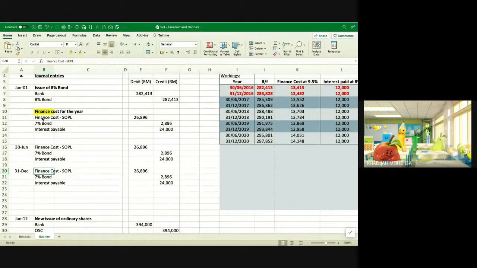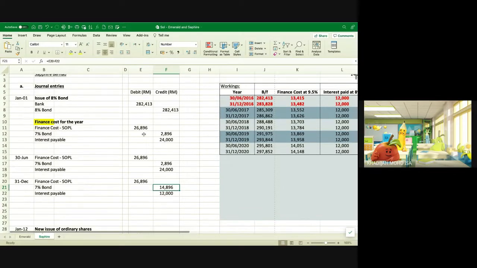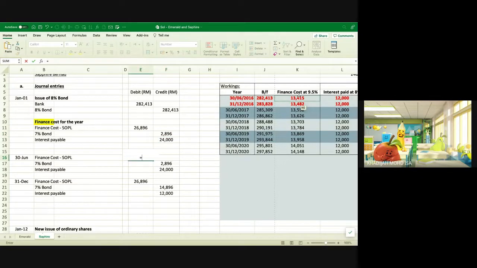So the interest payable here is only 12,000, and then I will have the 7% bond. Why is it credited? I thought the 7% bond should be debited. Oh yeah, why? Because remember that, hold on, 24,000, because you have to record this 113,415.